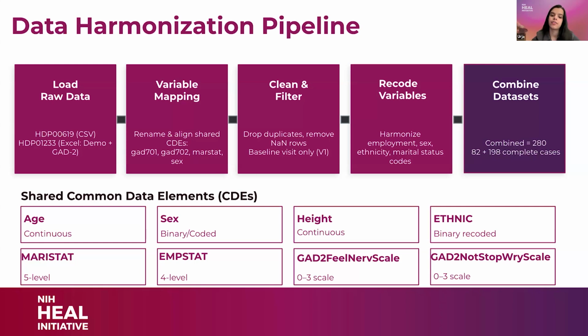To identify the equivalent variables across studies, we used a variable search platform, which helped us match semantically equivalent measures between data sets. The trickiest part was recoding variables. Variables like employment status, sex, ethnicity were all coded very differently between the two studies, and those had to be resolved before any analysis could begin. Can we go on to the next slide?